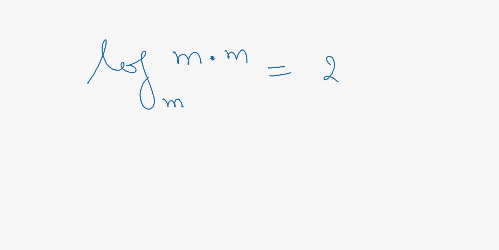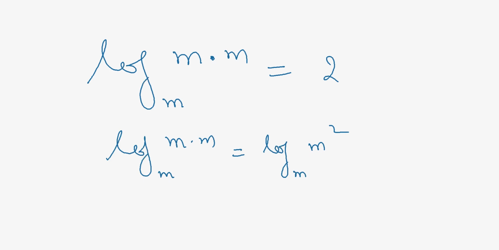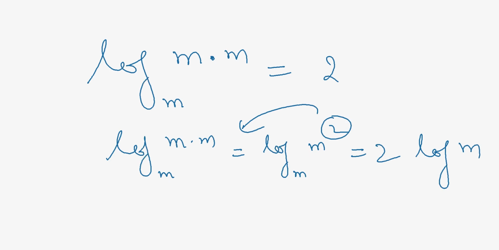Now you see, m multiplied by m, the whole operand is actually m squared, right? So log m multiplied by m is equal to log m squared to the base m. This 2 can be brought to the front, right? 2 multiplied by log m to the base m.